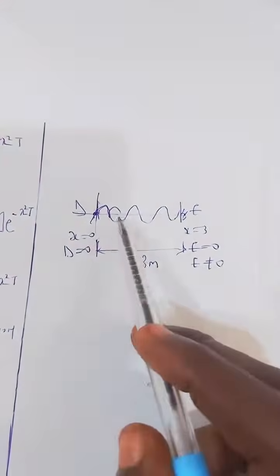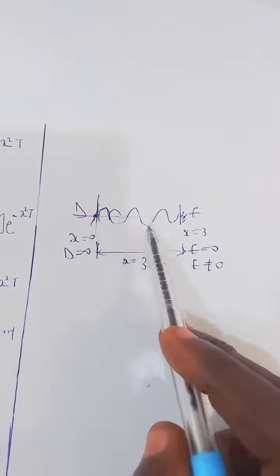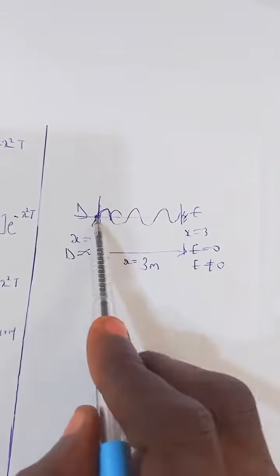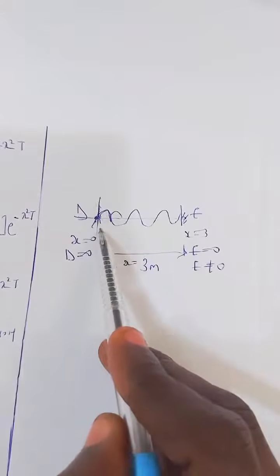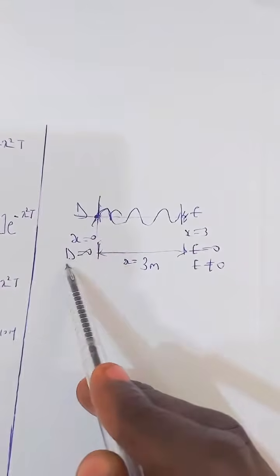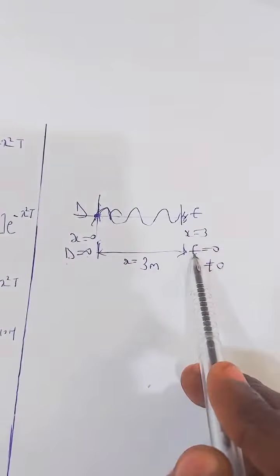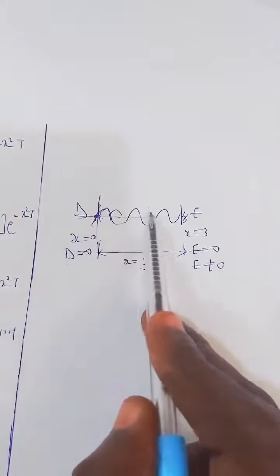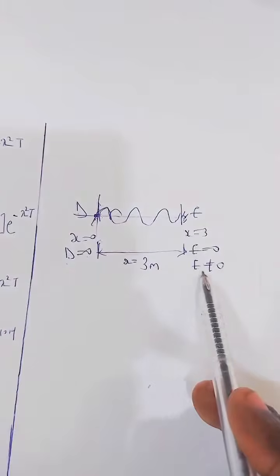The explanation is that, let's say this is a material and oscillation has occurred, meaning oscillation started from this very end, point D, towards point E. But this D is fixed, meaning no oscillation. So at x equals 0, D is equal to 0. At x equals 3, E would have been equal to 0, but if E is equal to 0, it means no oscillation has occurred at all, meaning there's no vibration at all. So we are saying that E is not equal to 0.